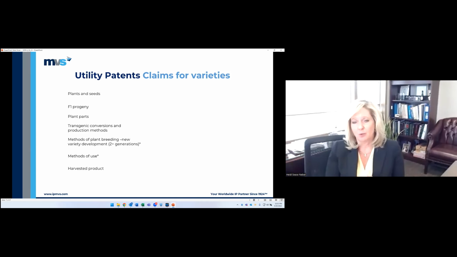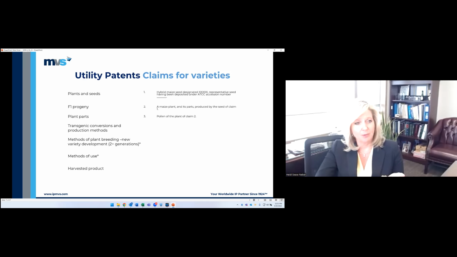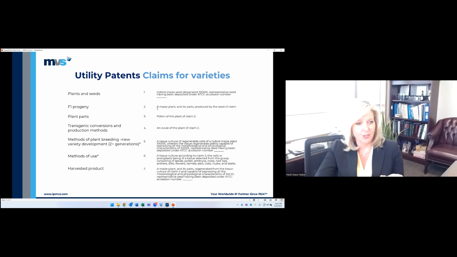For example, in a wheat case, I might also protect the flour. Perhaps even if there's some really important trait, I could protect bread that had been made from that variety if it had a beneficial, unique trait. And then here are some examples of claims that have issued, and these are sort of standard claims that issue in a utility patent for a plant variety.